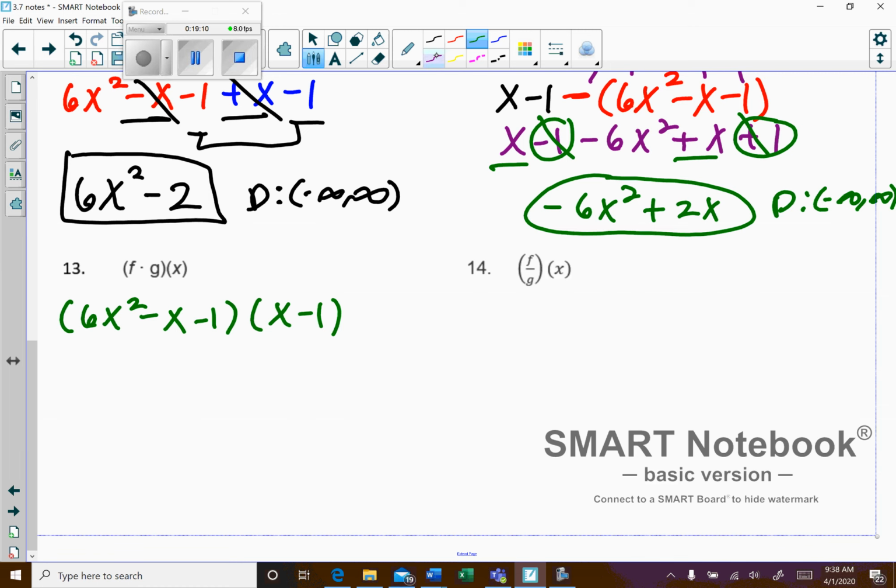It's the same idea. The first term is going to multiply by both of these. Then the middle term will multiply by both of these. And then we'll take the last term and do the same thing. It will multiply by the x and the minus 1. So we're going to be writing out quite a few terms here, and I'll try to color code this so we can keep track of it.